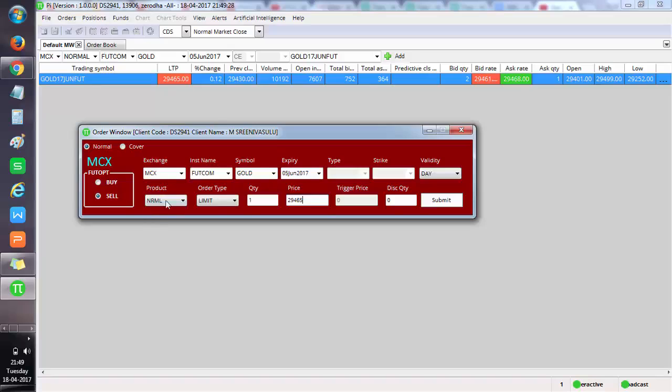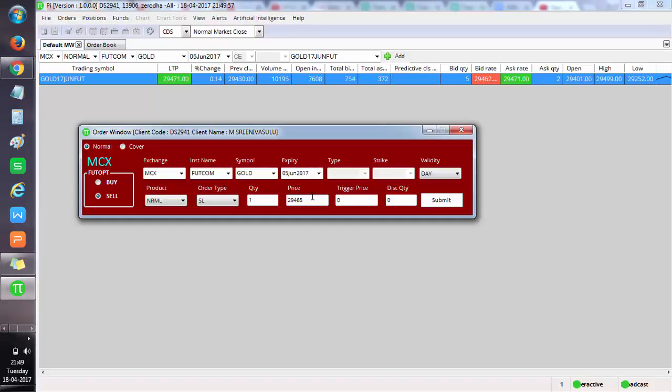So instead of selecting limit here, you need to select SLM or SL. It's up to you what order type you want to select. If I were to do this trade, I would always select SL, because I don't want the trigger to happen abruptly. I want the trigger to happen only when the price is within a particular range. Only then I want the trigger to happen.